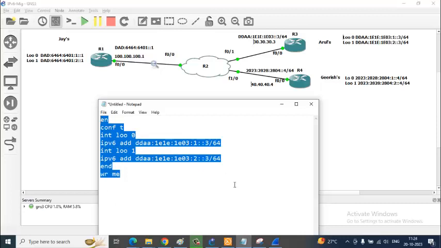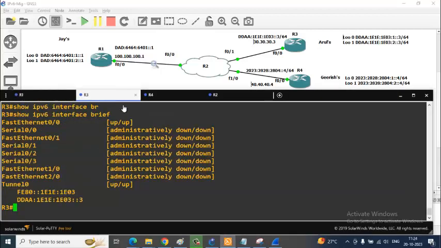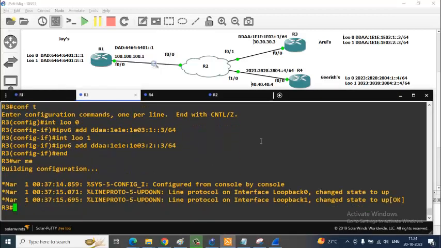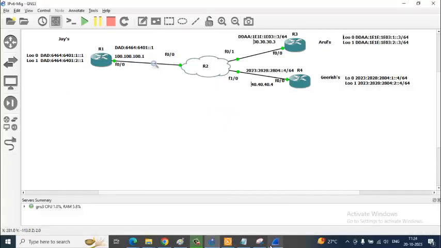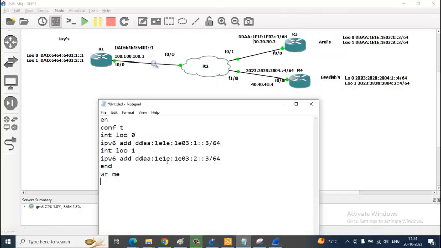I'm going to put this on router 3. And one last router, Girish's router, 2023:2828:2804:14.